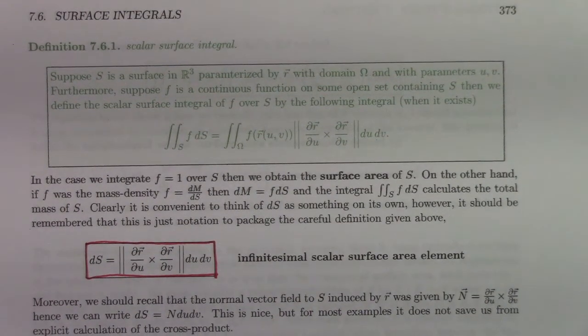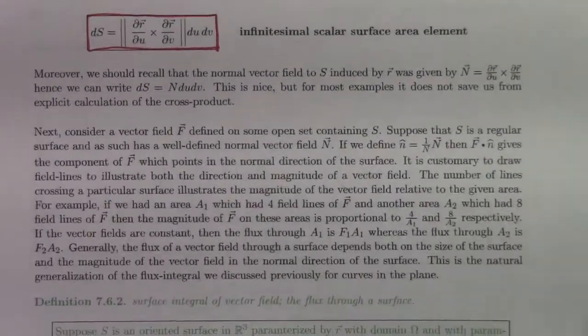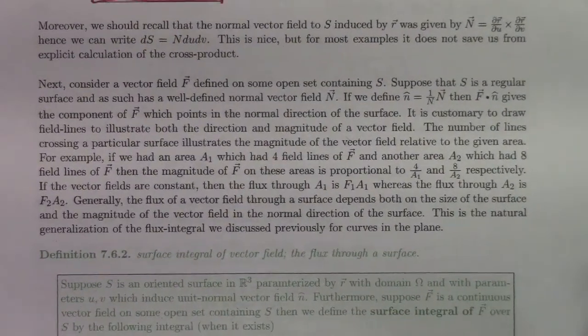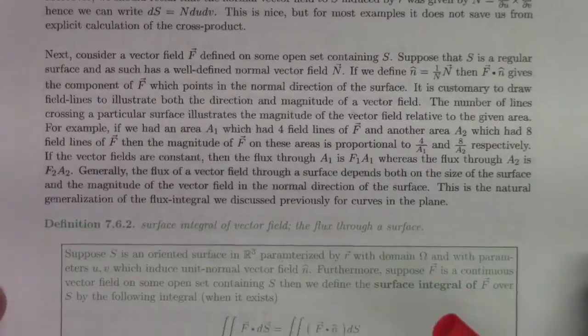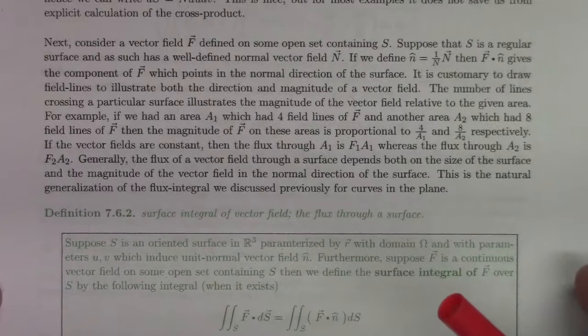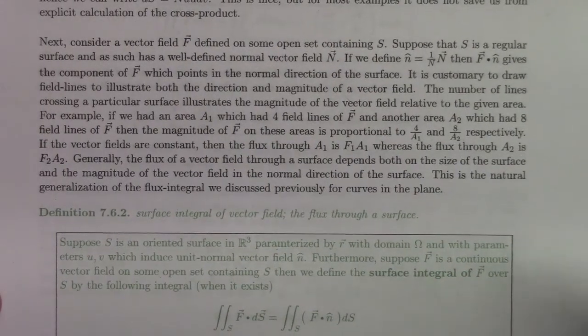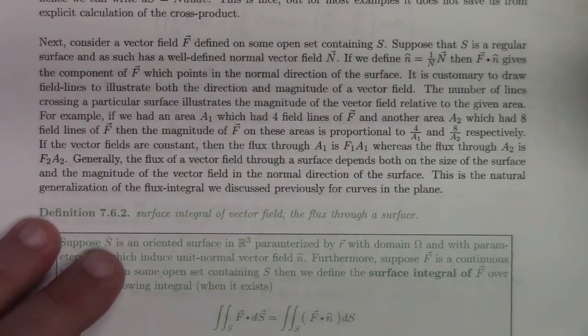Now, this naturally leads to calculating what's called the flux of a vector field through the surface. The idea of flux is closely connected, but with an additional wrinkle. Here's the most basic idea about flux.